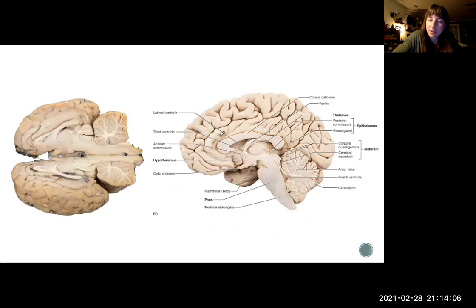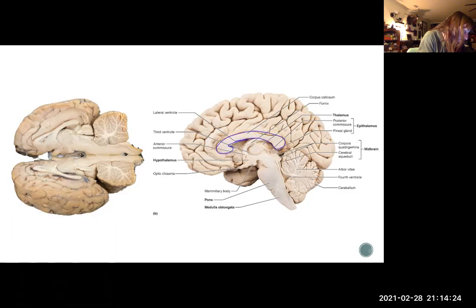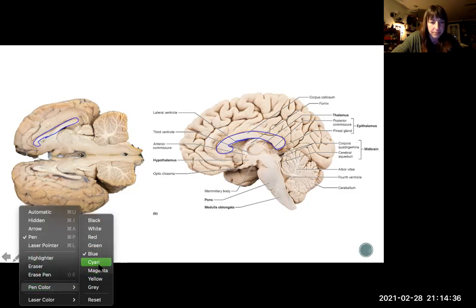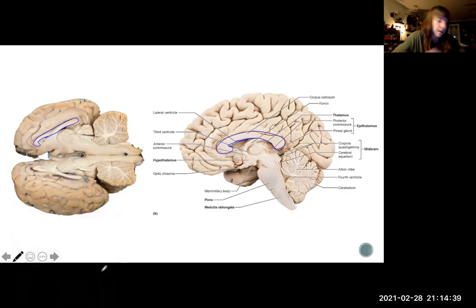So here again, I wanted to compare the human brain with the sheep's brain. So here's the corpus callosum in the human brain. I wanted to make sure that we were able to differentiate or at least recognize the different parts of it from across species, right? So this is the corpus callosum of the sheep's brain right here. The thalamus of the human brain is here, and in the sheep's brain, roughly here.